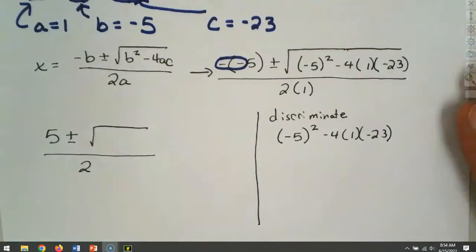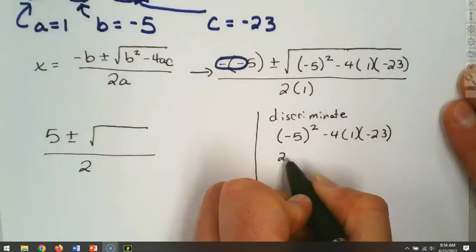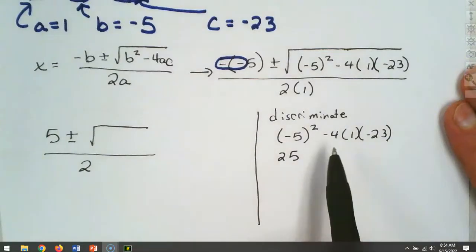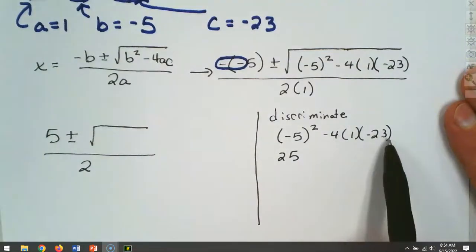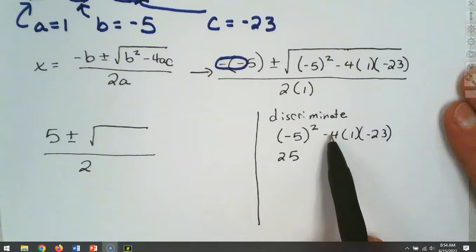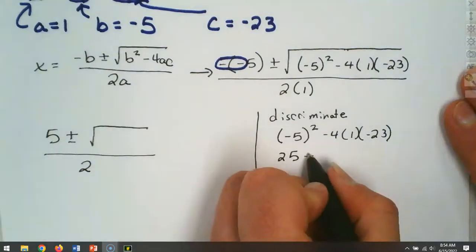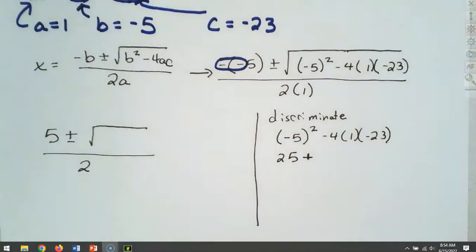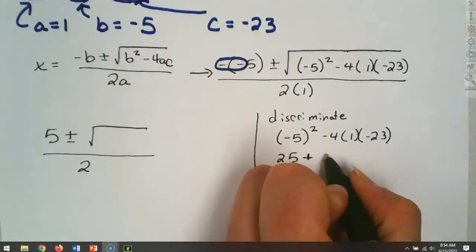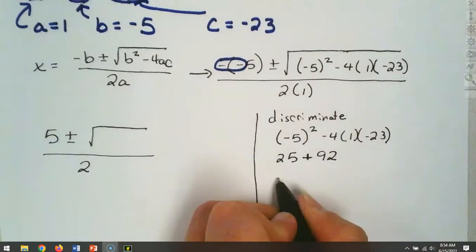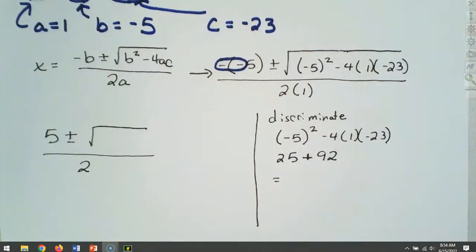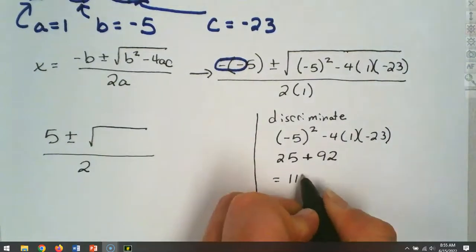When we square that negative 5, it becomes a positive 25. Now, when we look at this part here on the end, we look at how many negatives we have. And a negative times another negative makes it then a positive. So that piece is going to be positive. And then we just multiply our 4 times our 23. That comes out to be a 92. And then we can add them together. And that gives you 117.